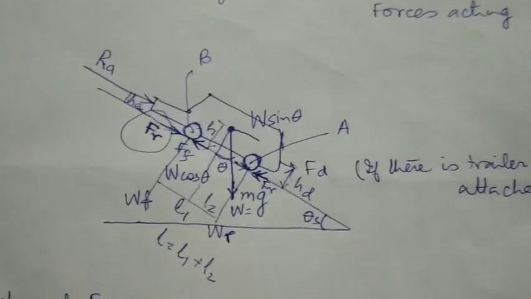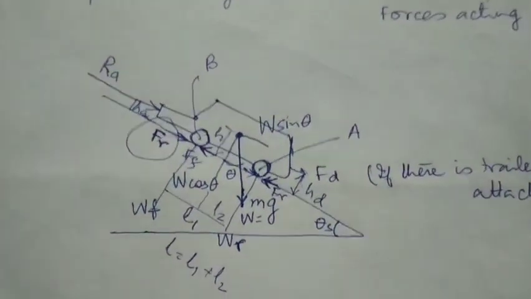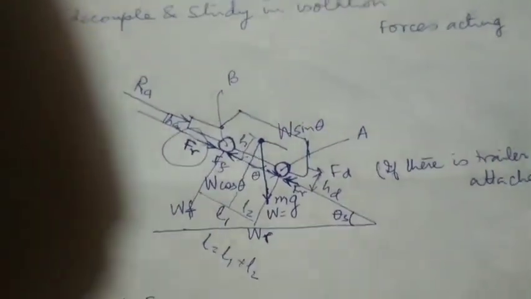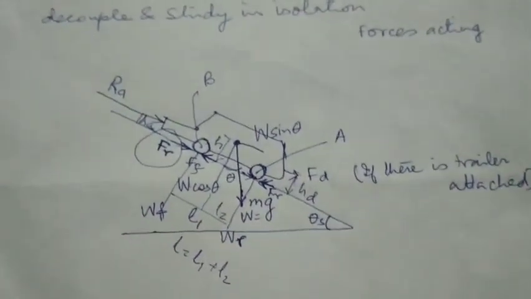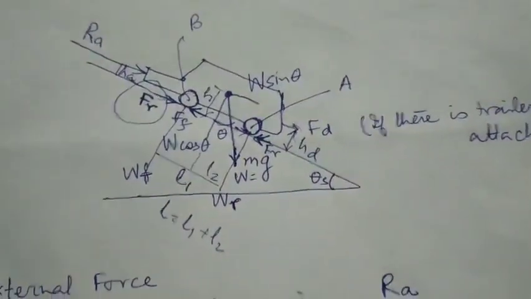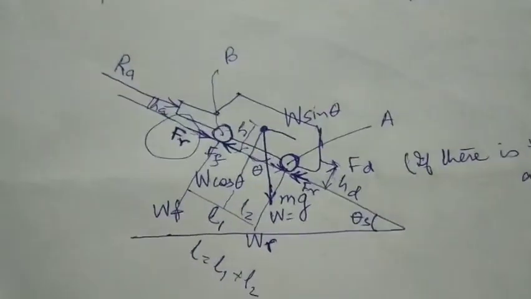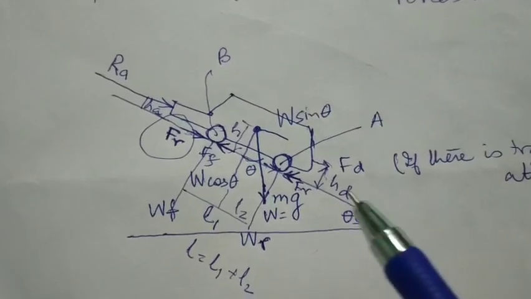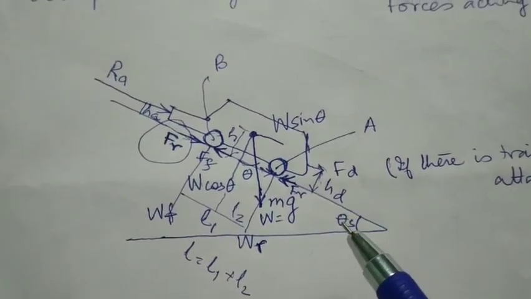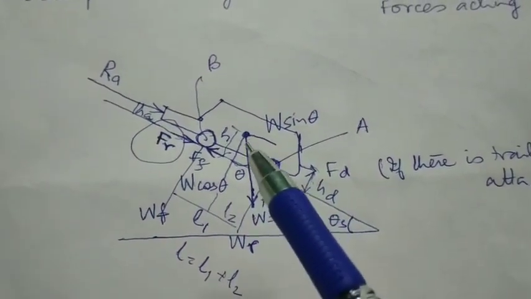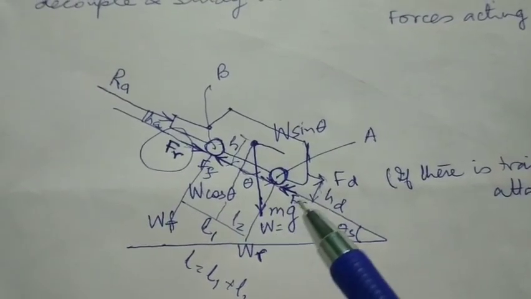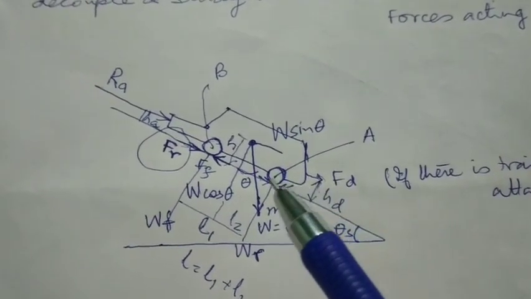So let us look at this figure, and we understand that there is a vehicle which is trying to climb on the inclined plane, and as it is moving, my hand is also moving. So this is the angle of inclination, this is the center of gravity, and this is the weight of the vehicle, W equals mg.